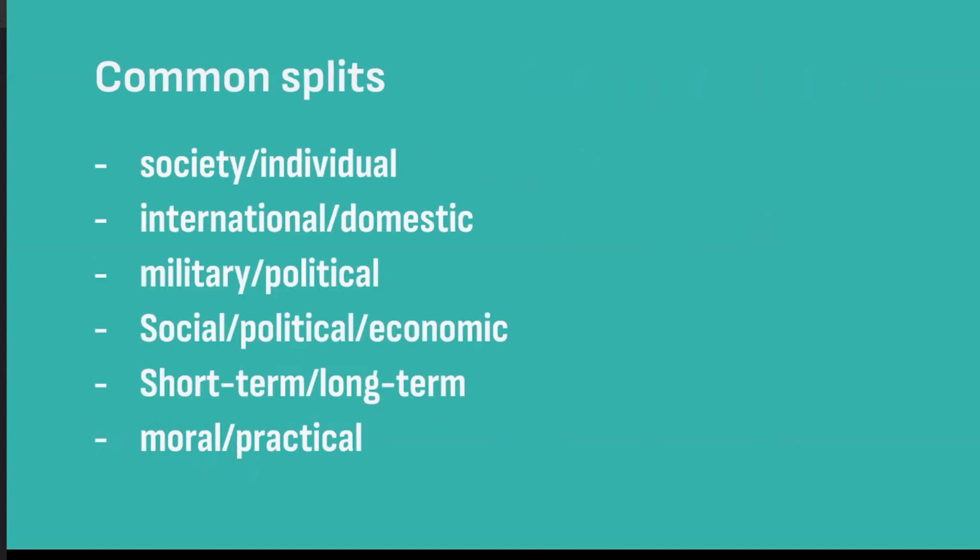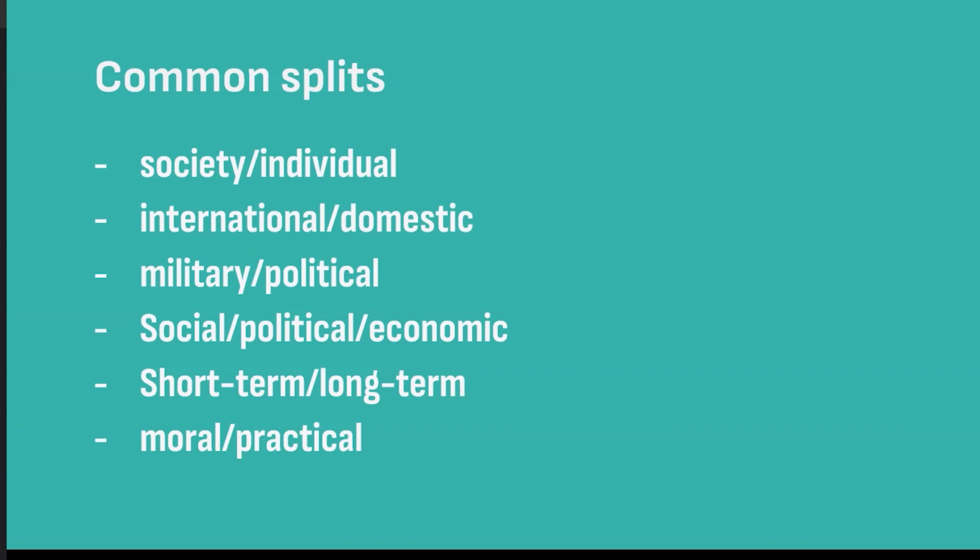Here are some examples of common splits or common groupings of how to base your arguments and distribute them among speakers. One of them could be the first speaker talking about the arguments that affect society as a whole, and then the second speaker will talk about some more individual arguments.